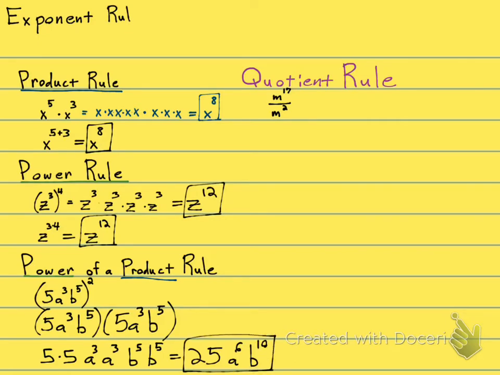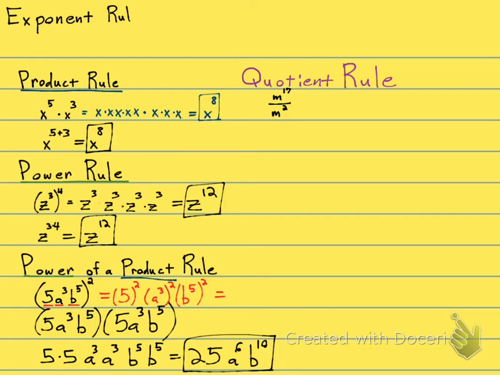Now, with the power of a product rule, what you can learn is that you could do it like this. You could take each one of these bases on the inside and apply this exponent of 2. So another way to look at it would be like this, to say 5 to the second power times a to the third to the second power times b to the fifth to the second power. Okay, and then you'll notice you get the same thing.